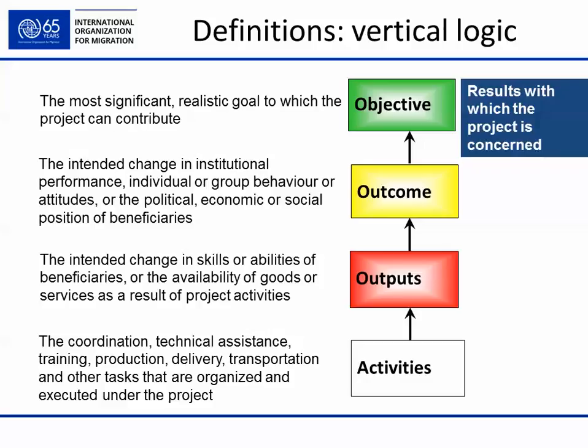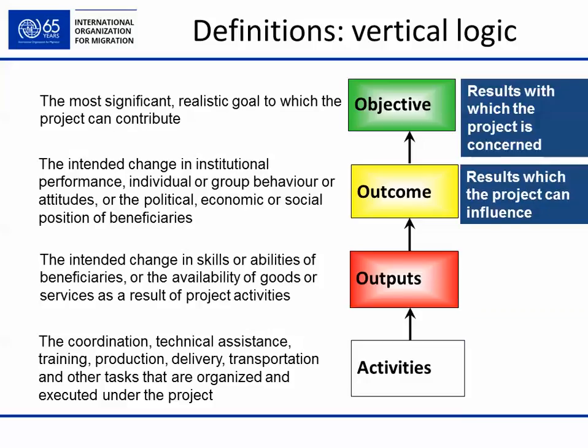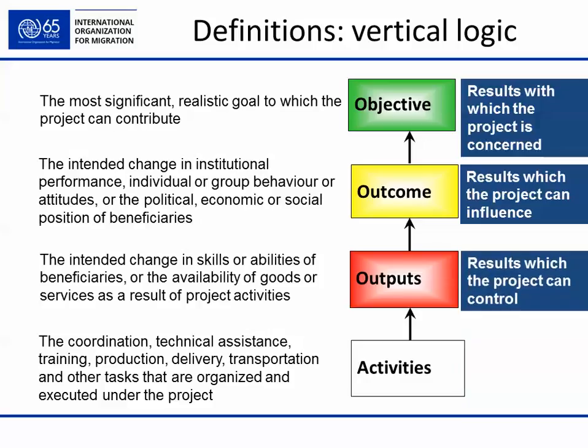As one project, we cannot, of course, solve this ultimate goal which we all try to achieve, to combat human trafficking. However, outcomes are results which the project can influence. Here, together with our partners, we bear responsibility for achieving outcomes. Outputs are results which the project can control.